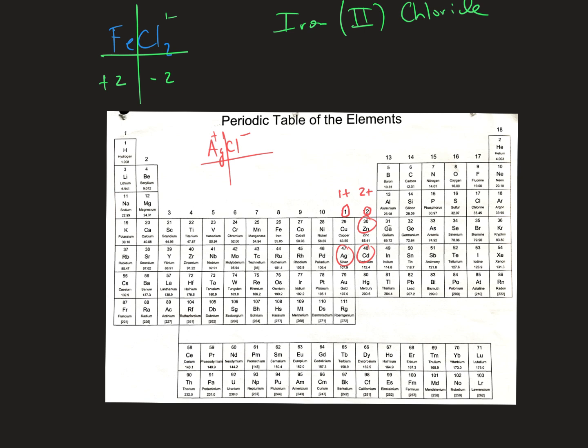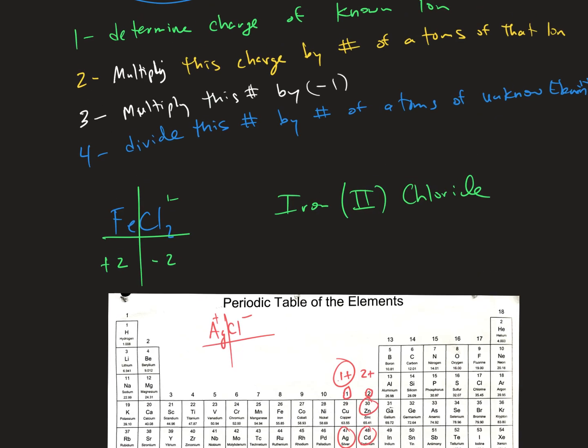Can you explain one more time why you dropped the one when writing the name? For silver specifically? Because it's always silver 1. Why did we write iron 2 chloride? Because sometimes it could be iron 1 chloride maybe, right? Because it has 2 different options. That's why we write it with the Roman numeral.